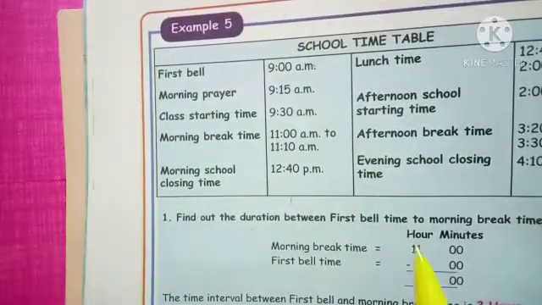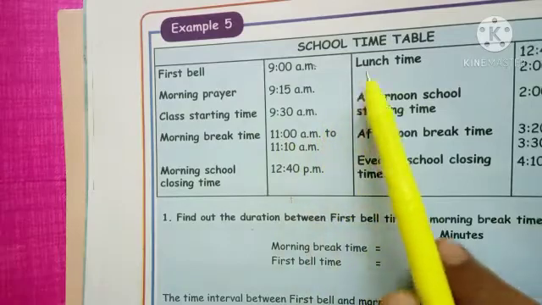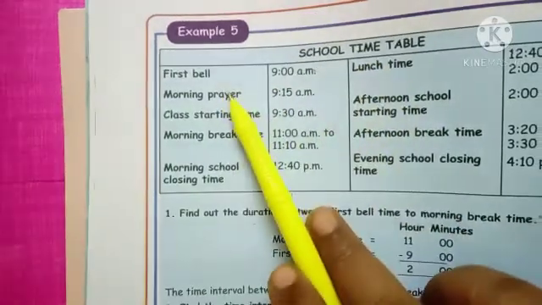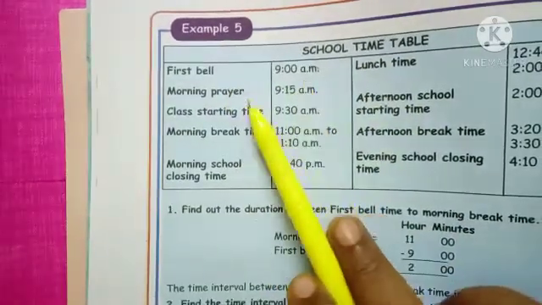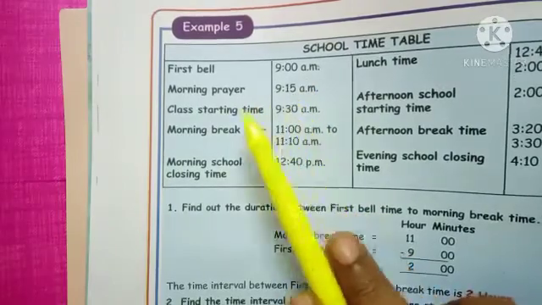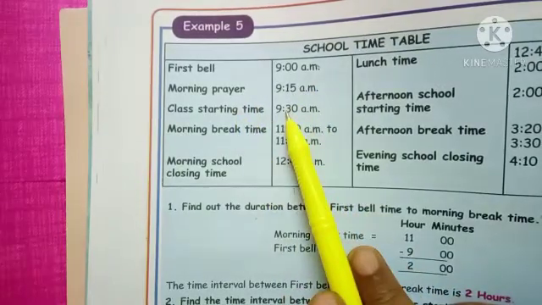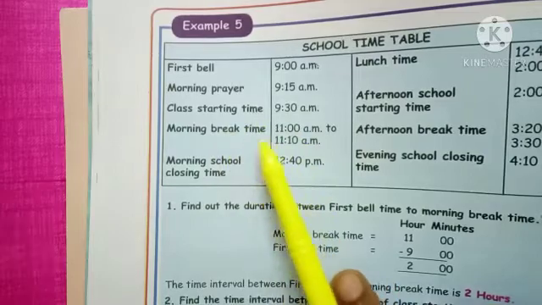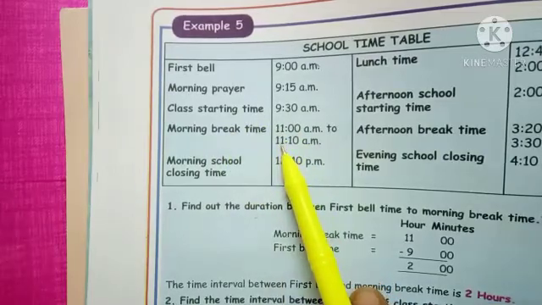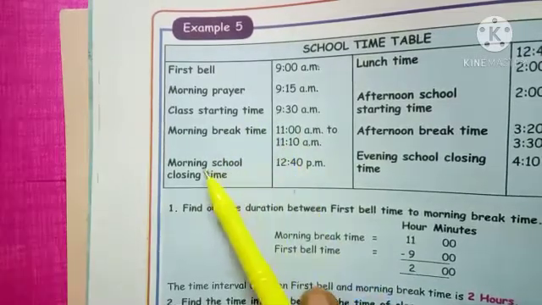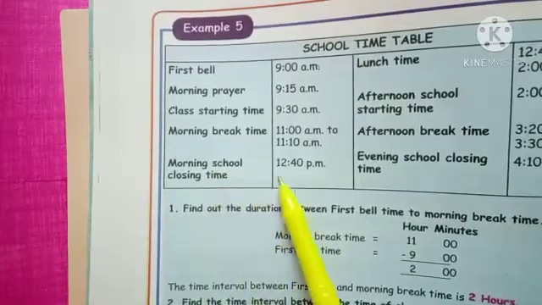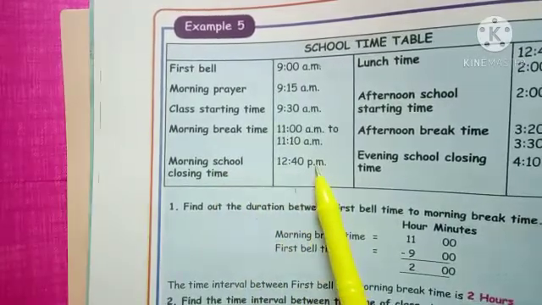Next one, example sum. School timetable. First bell at 9 o'clock. Prayer at 9:15. Class starting time is 9:30. Morning break time is 11 o'clock to 11:10, a 10 minutes break. Then morning school closing time is 12:40 PM.